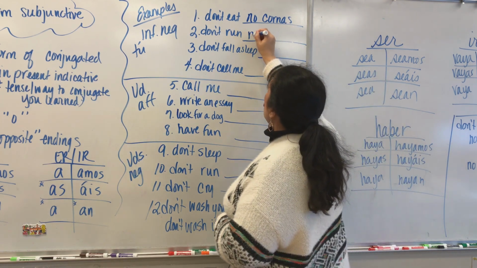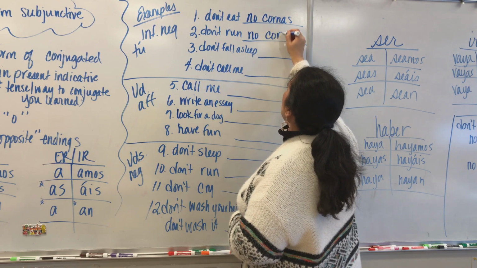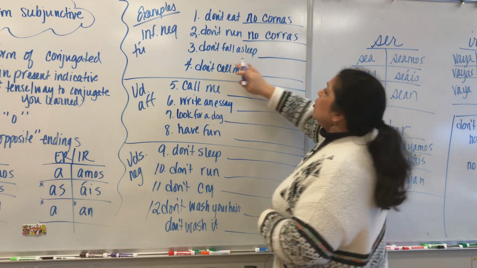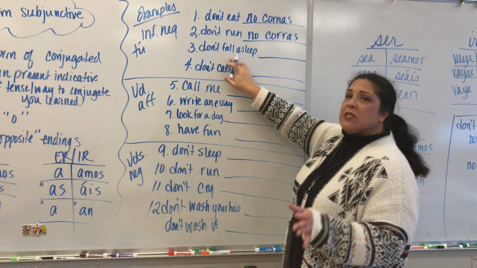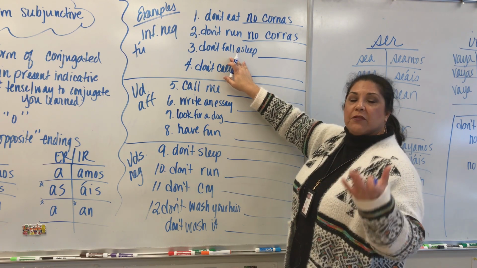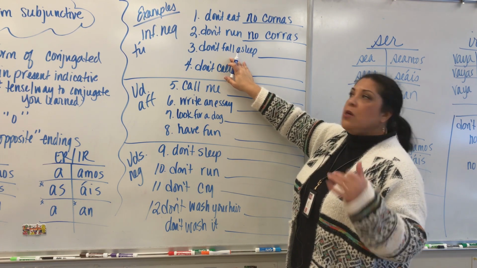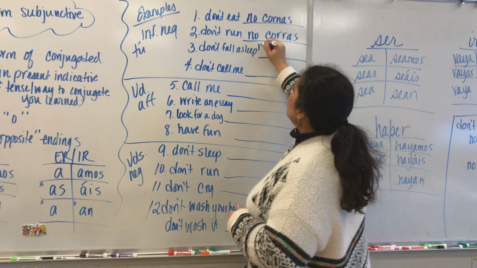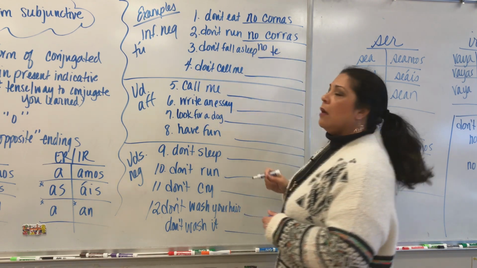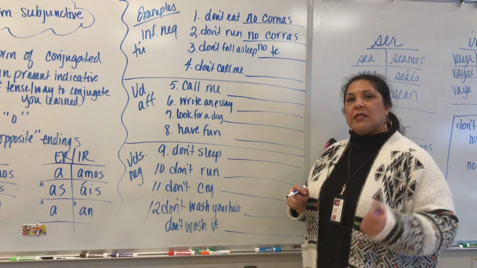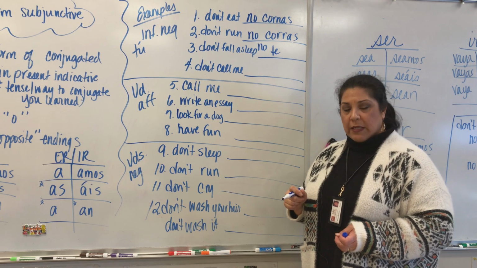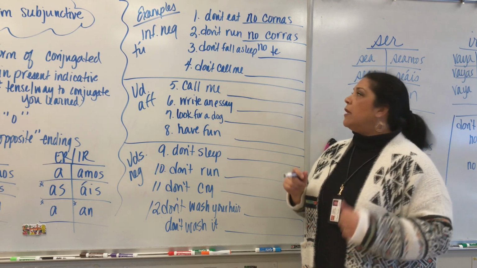Don't run. No corras. Don't fall asleep. Now this one's a little different. Dormirse is to fall asleep. Dormir is to sleep. So this is going to be reflexive. No te. And again, remember, why does the te have to go in front? That's right. Never attach negative.